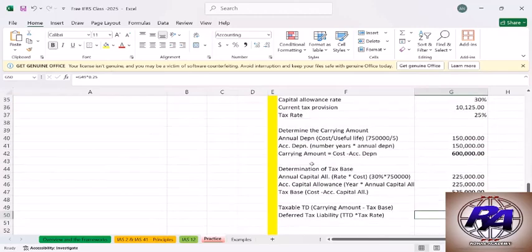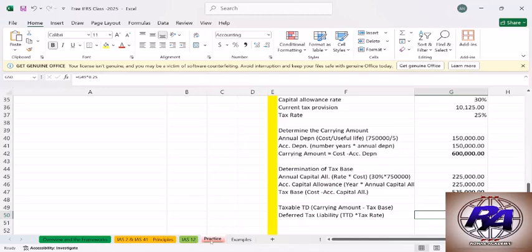Now the question demands that we explain how much we should send to our statement of financial position and how much we should send to our statement of profit or loss account, right? Now this is where I wanted to use this question to explain to you the principles of deferred tax treatment. Please, let's go back to our note.